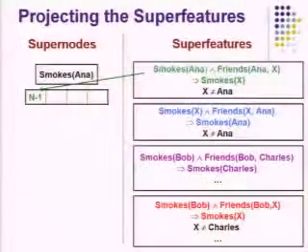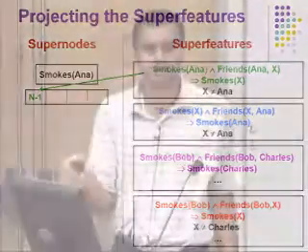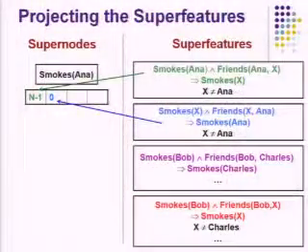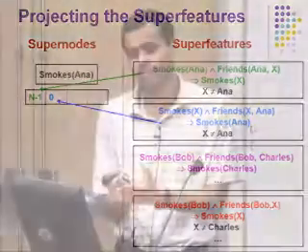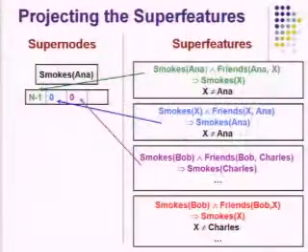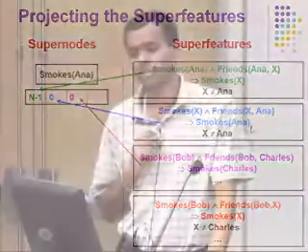Note that the first one projects n-1 times, because X can take n-1 possible values; X cannot be Anna. So I got n-1. The second one projects 0 times, because smokes of X cannot project on smokes of Anna, since X cannot be Anna. Similarly, I get 0, and smokes Bob cannot project on smokes of Anna either. So we get this count.